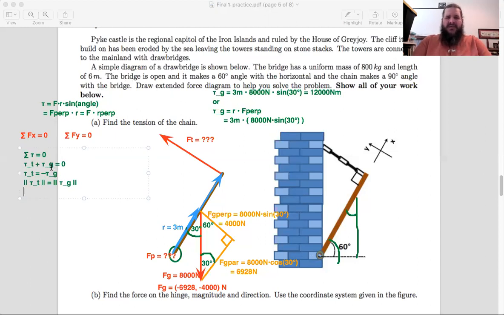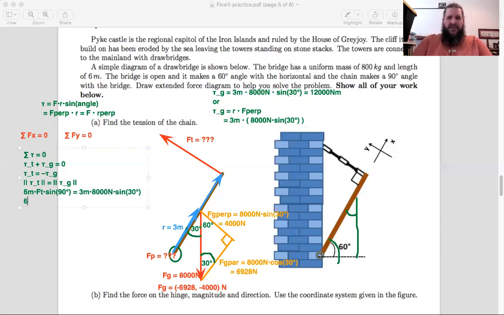We've got radius. What is the radius for the chain? How far is the chain from the pivot point? Yeah, 6 meters, the full length of the drawbridge, times this unknown force of tension times sine of 90, which is just 1, equals torque from gravity, which we found earlier was this value, 3 meters times 8,000 newtons times sine 30.